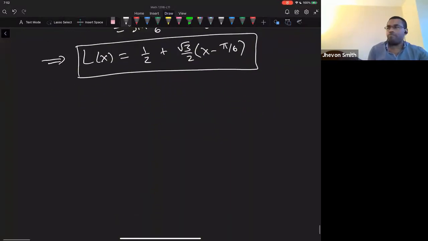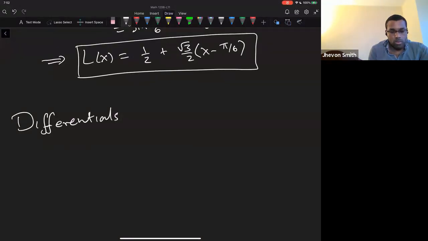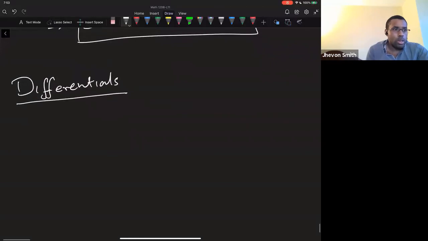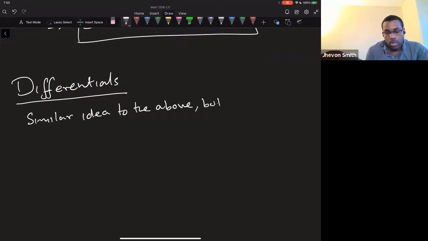So let's look at differentials. Now, you can take a whole class in differentials, but we are not going to need to go that deep. We're pretty much going to examine how we can think of the differential in this case. It's a similar idea to the above, but different notation.